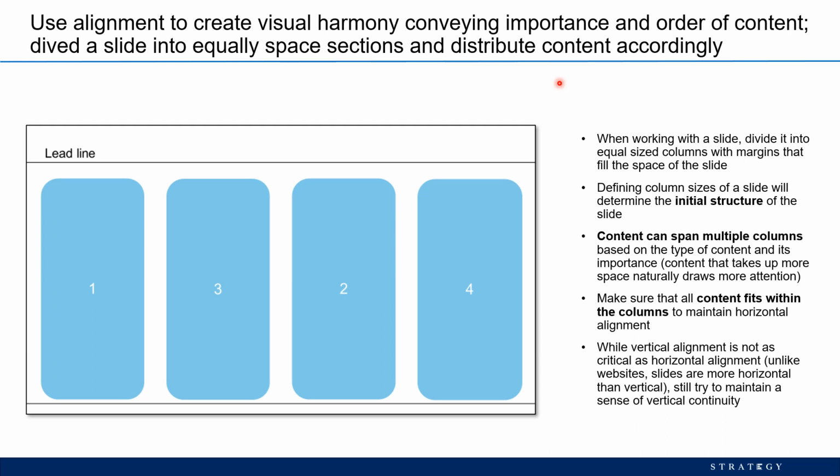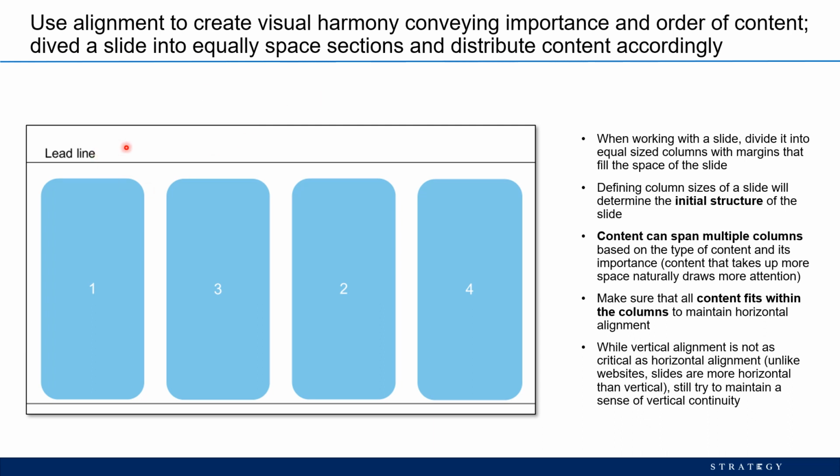For instance, on the slide we're looking at right now, my smallest element is this text over here, and it has a width about this much. Because of that, I would divide this slide into 3 different columns. I have a column here, here, and here. Then I distribute content accordingly.